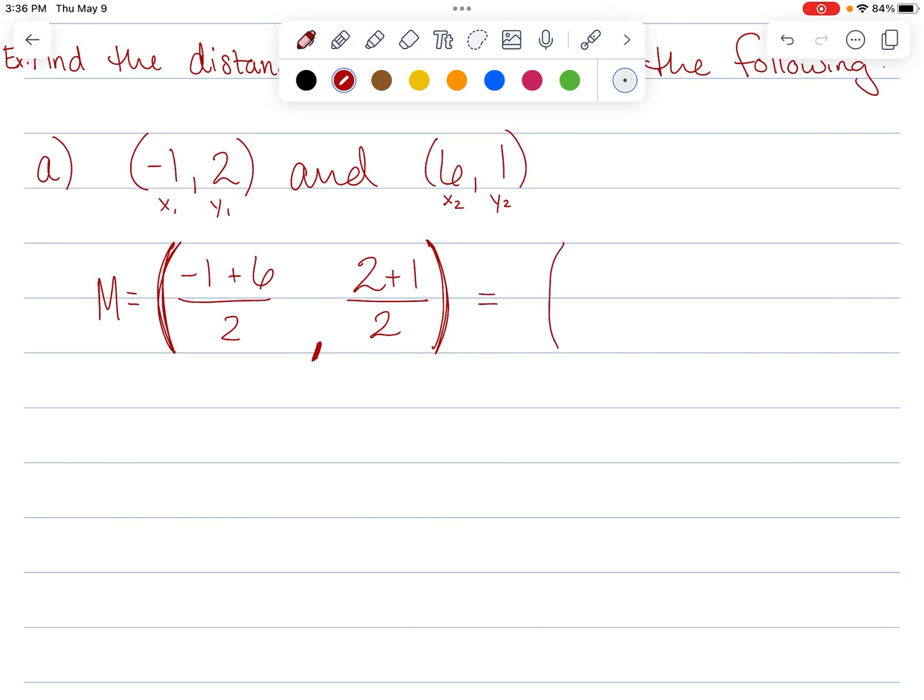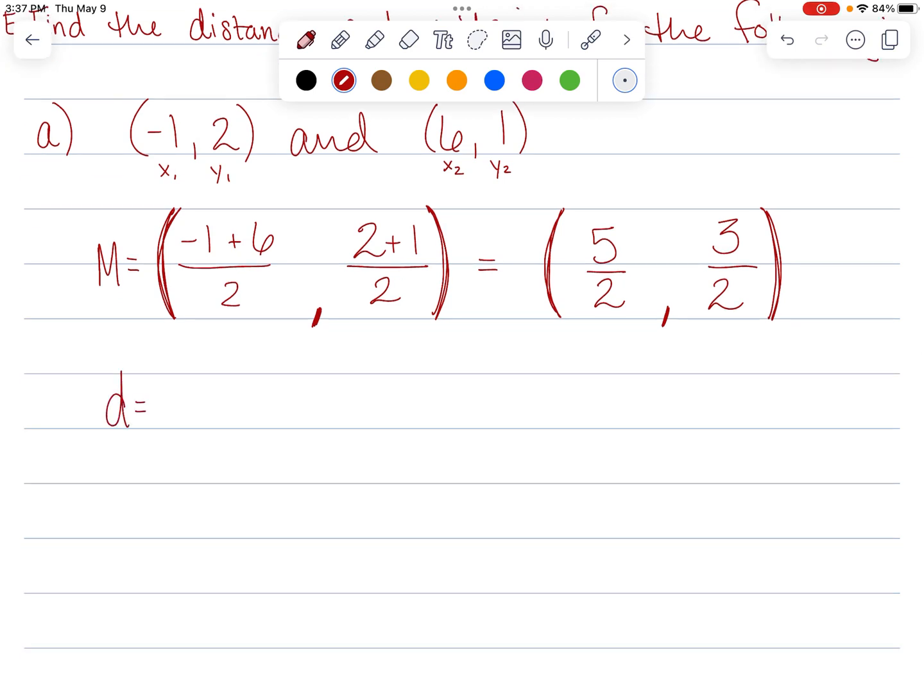And we simplify. In FST, generally speaking, we like simplified fractions. Negative 1 plus 6 is 5 over 2, which doesn't simplify. 2 plus 1 is 3 over 2, which doesn't simplify. So that's our midpoint. If those simplified, if I had like 6 over 2, well, 6 over 2 is 3, I would put 3.